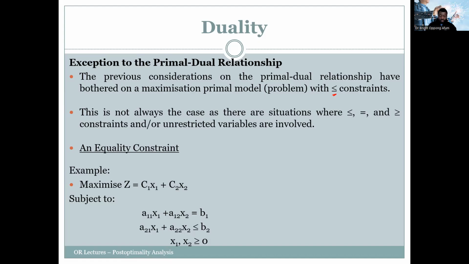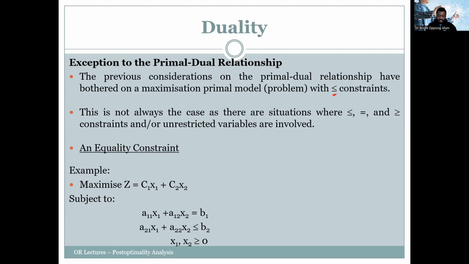So we want to maximize Z, C1x1 plus C2x2, subject to this constraint. You see that the first constraint is an equal sign.